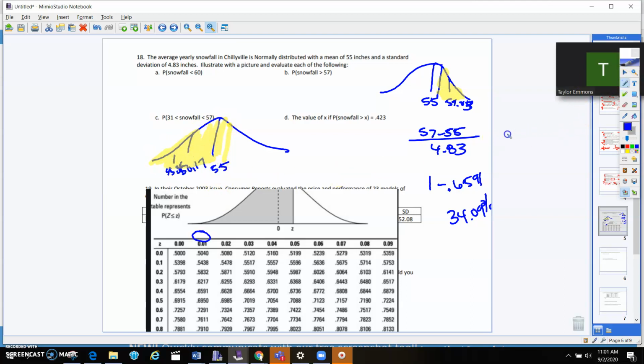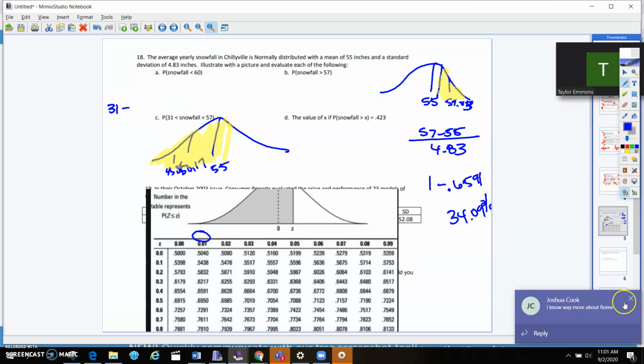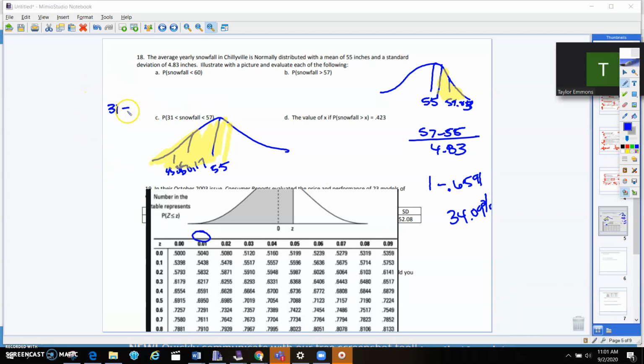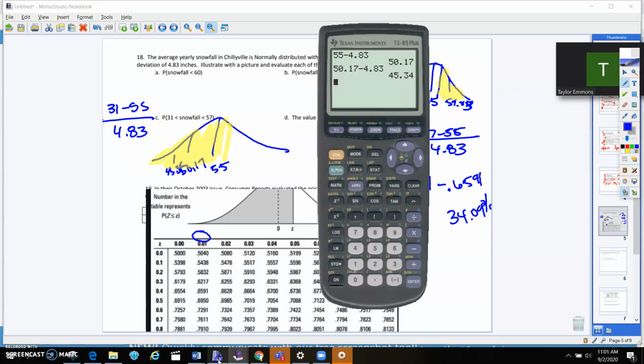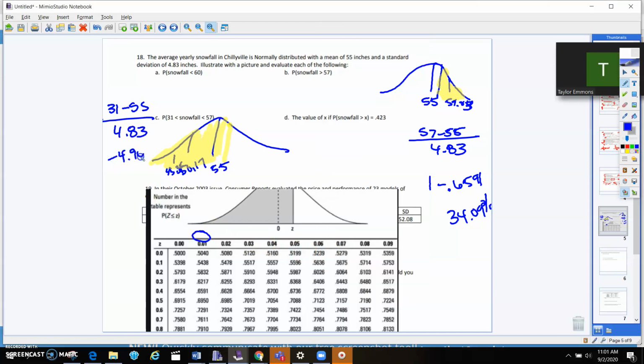Now what you're going to do is take each of these and perform the z-score. So we're going to do 31 minus 55 divided by 4.83. We go into our calculator and type 31 minus 55 and divide by 4.83. Notice how it gives you a negative z-score value, so that's really important. Over here we already calculated this one, and that's going to give us 0.6591.